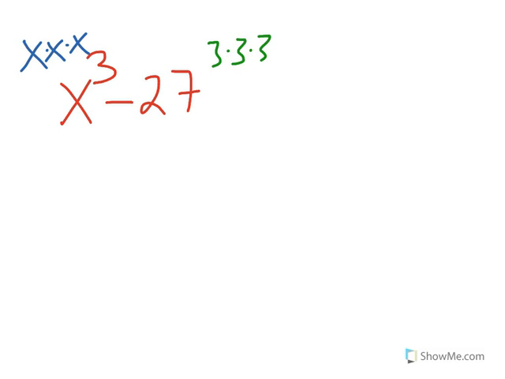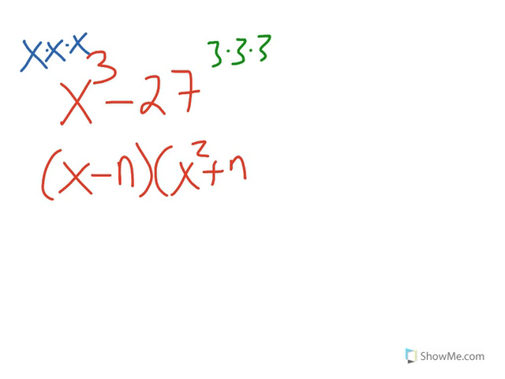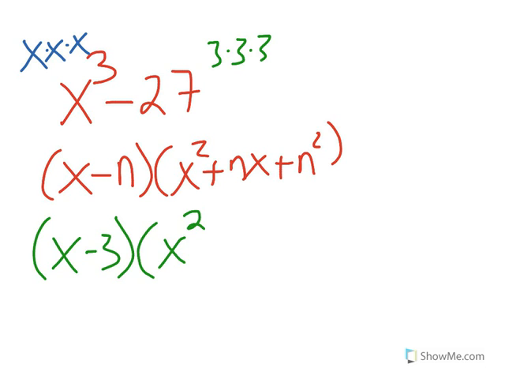Since it's x minus, it's going to be x minus n, x squared plus nx plus n squared. So x minus 3, x squared plus 3x plus 9. And that is my answer.